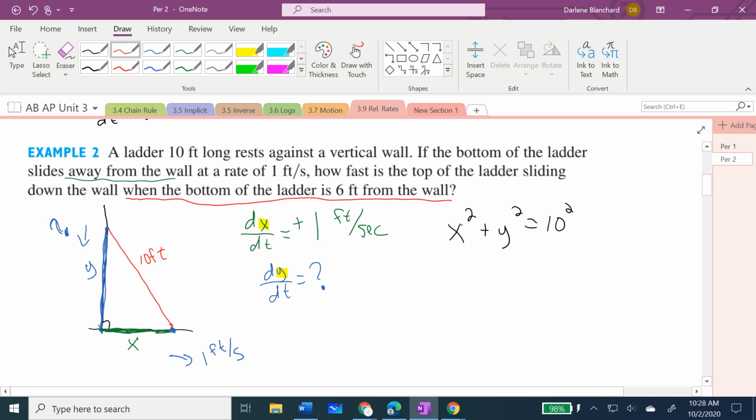And x is not time, y is not time. Those are both baby functions. So I'm going to take the derivative with respect to time. I first have blah squared. Power rule says derivative is 2 blah. Chain rule says give mommy her baby and multiply by the derivative of the baby with respect to time.